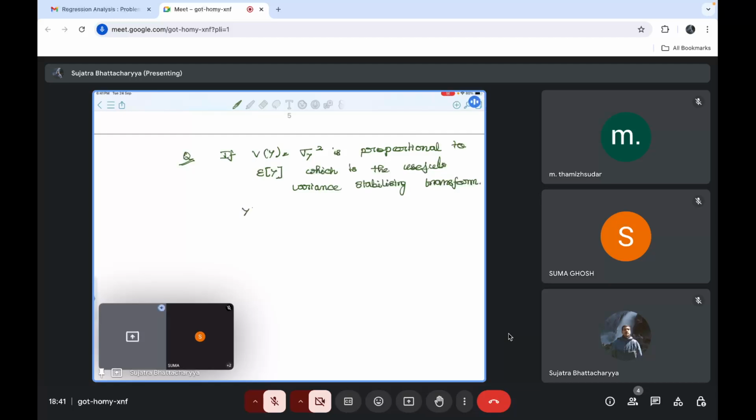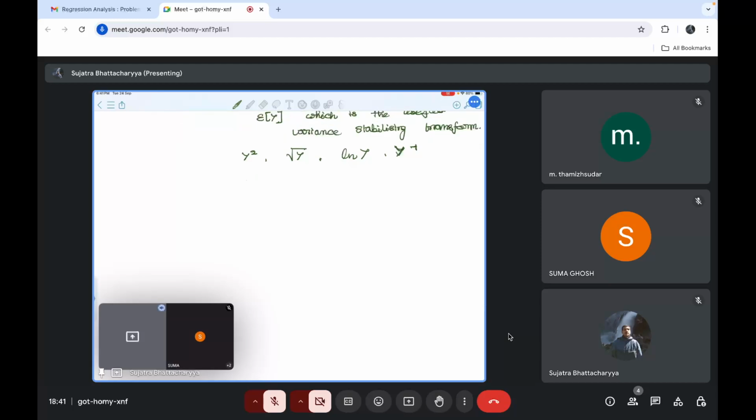So following options are given, that the transformation will be what? Y square? Is it root y? Is it log y? Or is it y inverse? So what will be the transformation in y? Okay. So we know. Okay. So we have seen this. So I will not derive it once again because it's a huge derivation from the Taylor series and all.